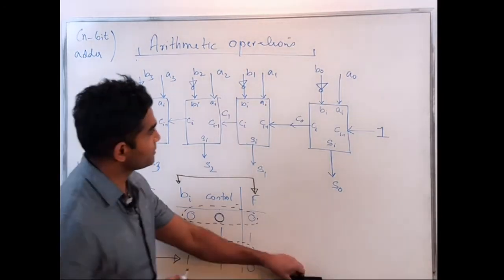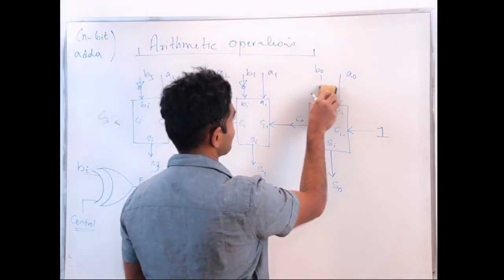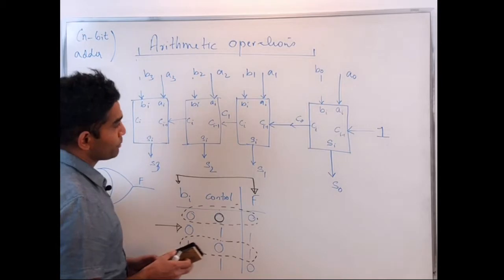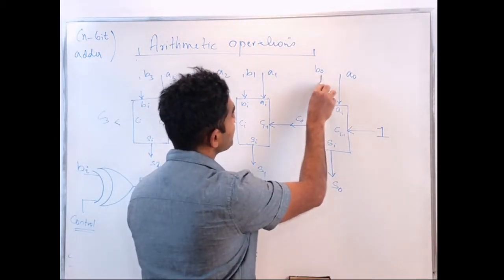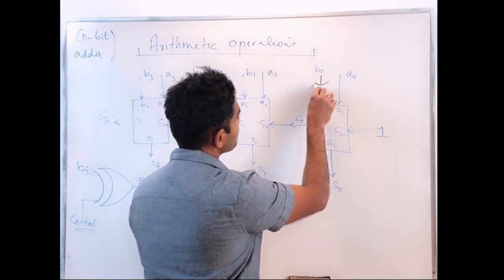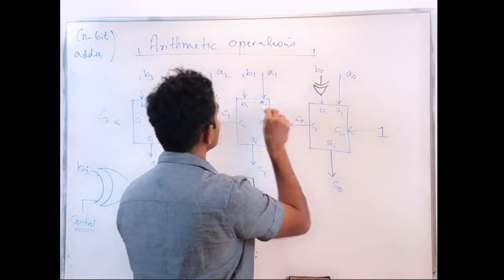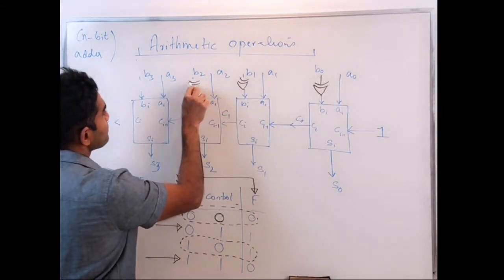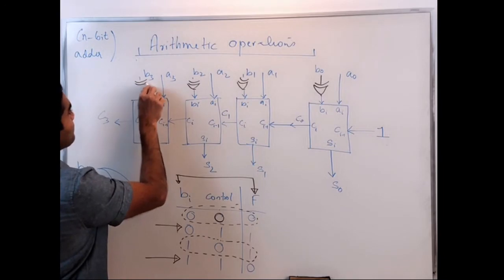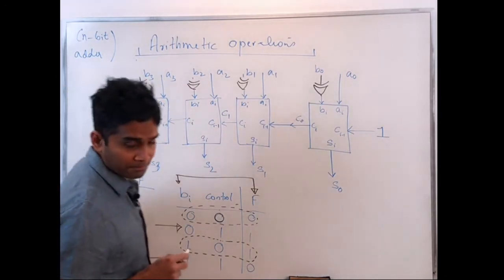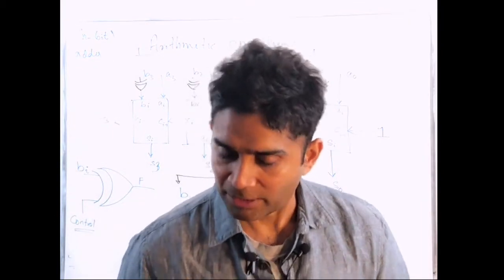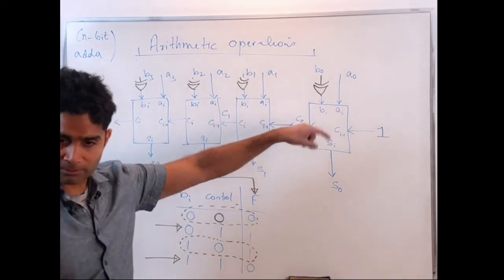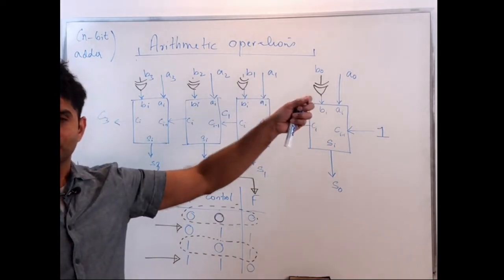So instead of using a NOT gate, why not use an XOR gate on my B inputs? Each of my B inputs would feature an XOR gate. What is the other input going to be? The other input is going to be the control, because we want to use the control to either send B's as is, or the inverted version of B's.